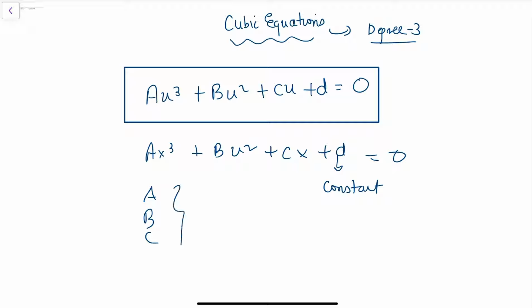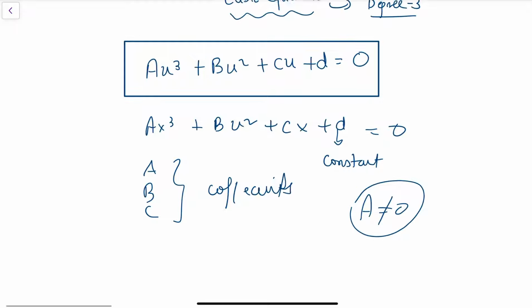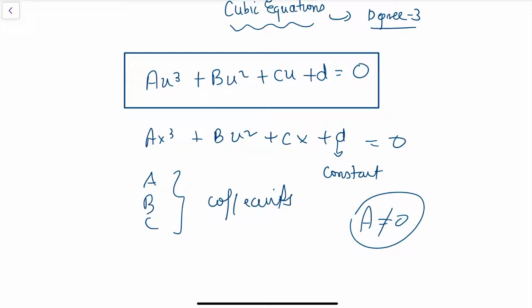A, B, C are your coefficients. Now one important thing you need to remember: A cannot be 0. B and C can be 0. Your x square and x terms can be absent also. But as it is a cubic equation, its highest power has to be 3. That means if A becomes 0, then the highest power becomes x square, that is 2, and this changes to a quadratic equation.